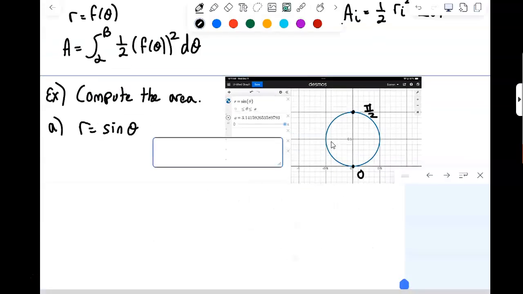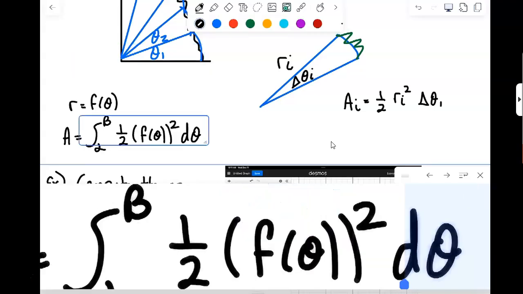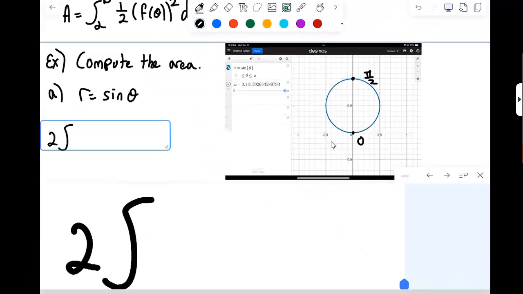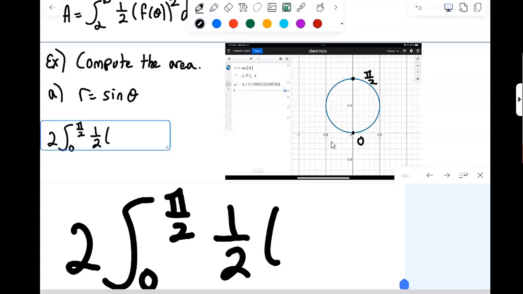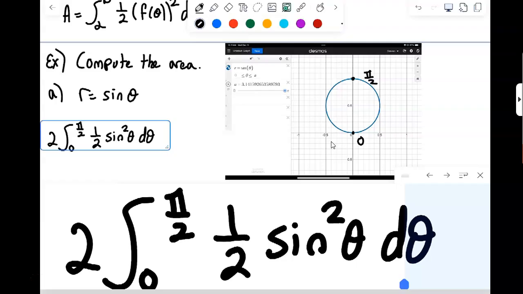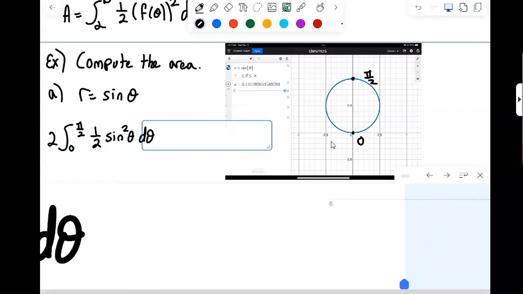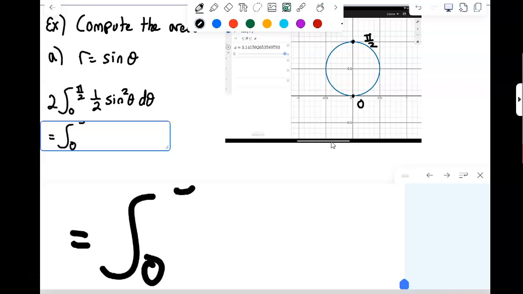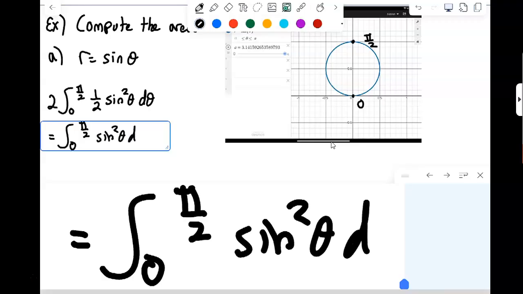That would work as well. But I'm going to go from 0 to pi over 2 and double it. So 2 times the integral from 0 to pi over 2 of 1/2 f of theta squared, so sine squared theta d theta. That puts me once again dealing with an integral of sine squared theta d theta.